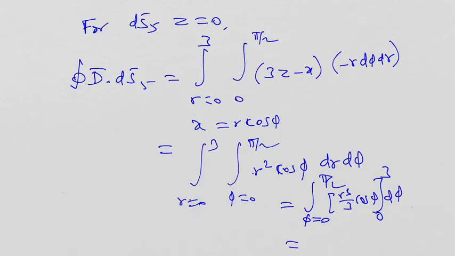So you can notice that r cube by 3, 3 cube by 3, 27 by 3, 9. Whereas cos phi, when it is integrated gives sin phi, lower limit is 0 and upper limit is pi by 2. When you substitute this value, this becomes simply 9.